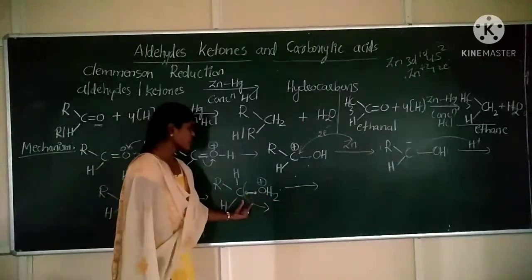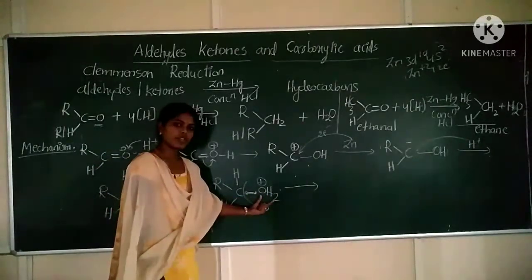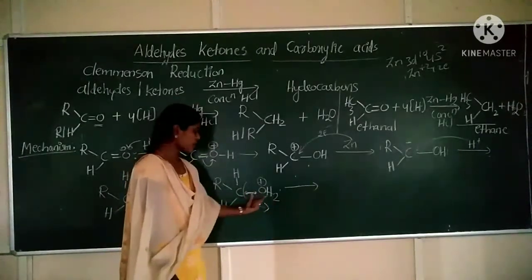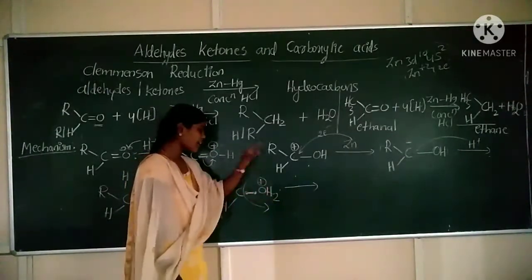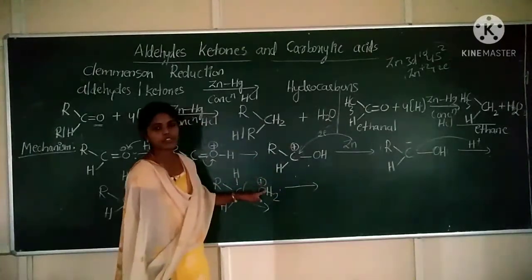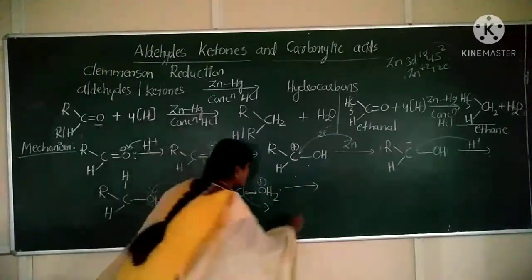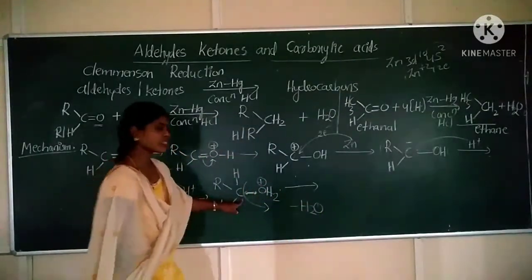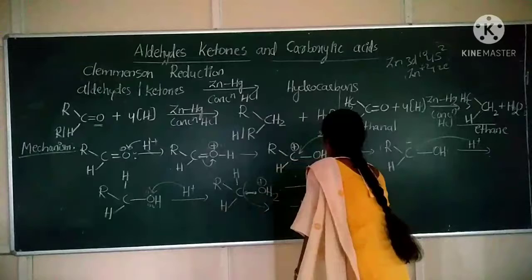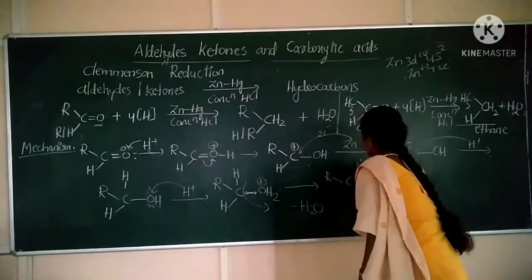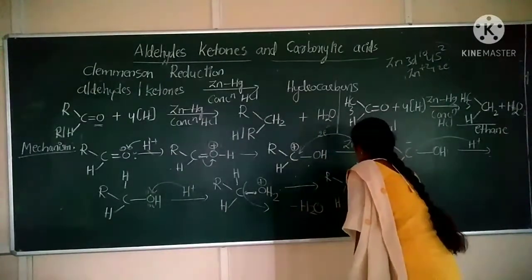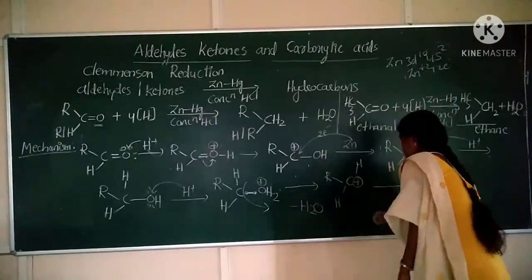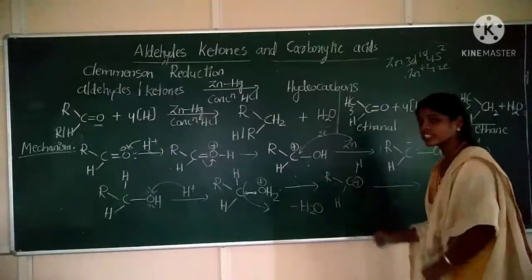Oxygen will carry negative charge, because the 2 electrons are moving towards oxygen and already it has positive charge. So positive and negative will be neutral, so H2O is removed. Now carbon will get positive charge, R C H H.